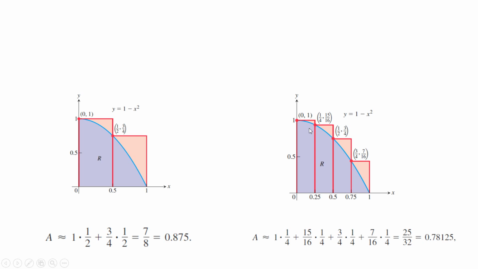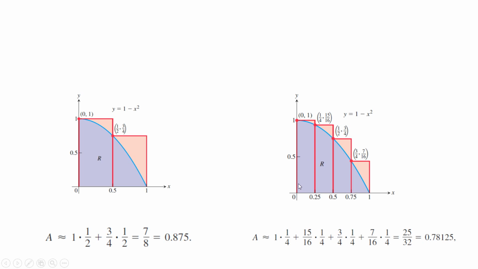Now in this case we have less error, but see, when we choose the maximum value of the function in the interval to make the rectangle, the area obtained is greater than the original area, right? In both the cases we can see that the area obtained is greater than the original area, because we chose the maximum value of the function as the height of the rectangle in the interval, and the function is decreasing.